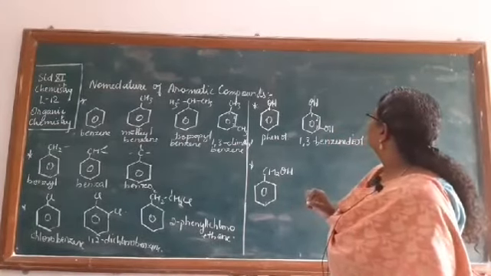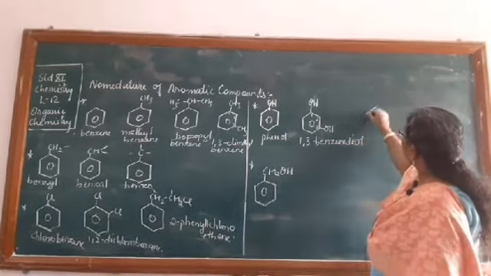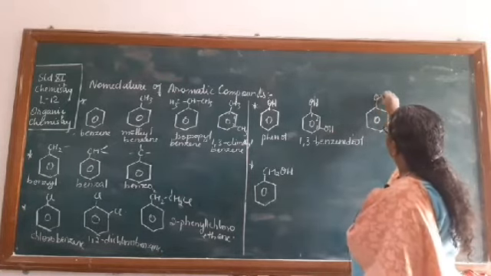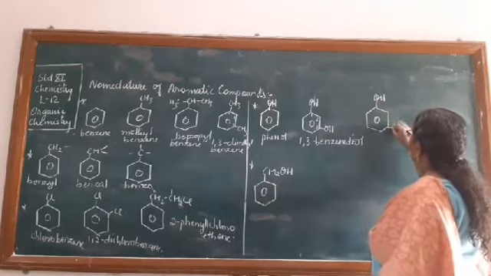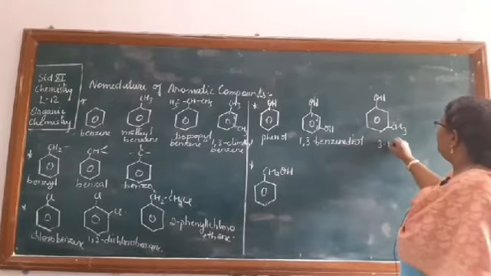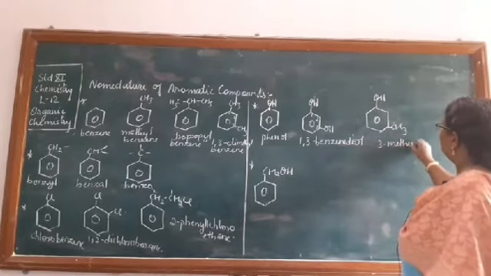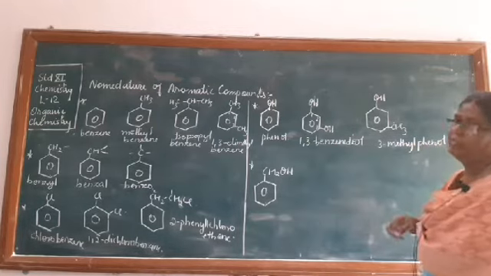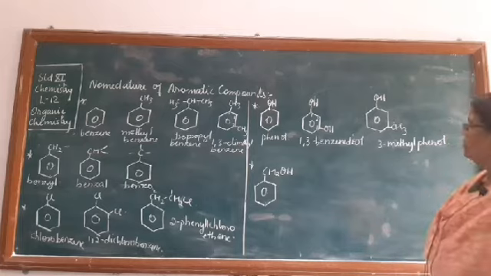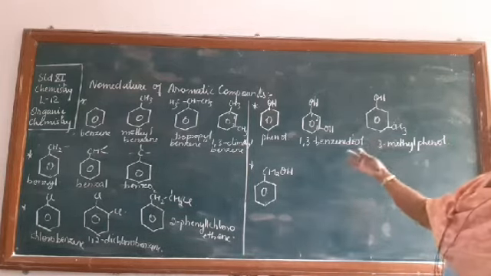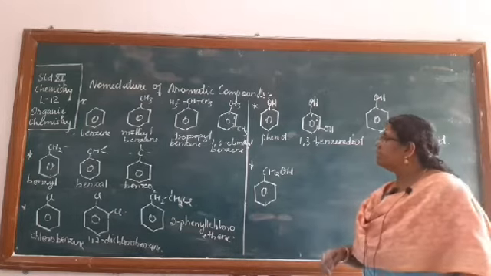So if it is this way, then OH is here and here suppose there is a methyl group, then it will be named 3-methylphenol. Okay? So that is how phenol derivatives are; we call them hydroxy derivatives.